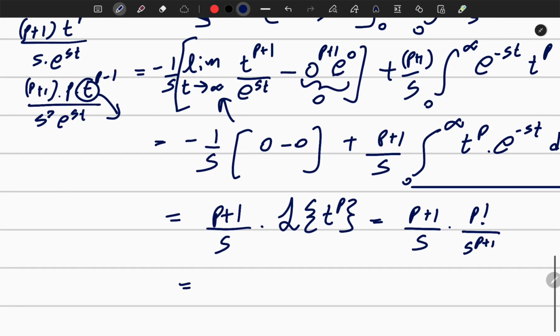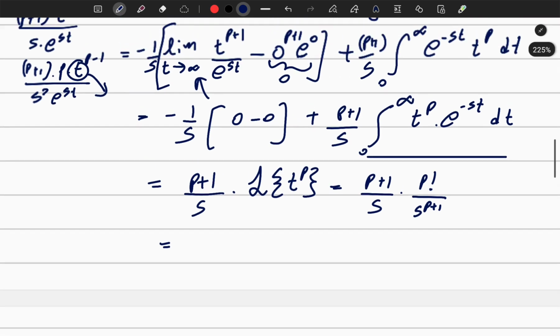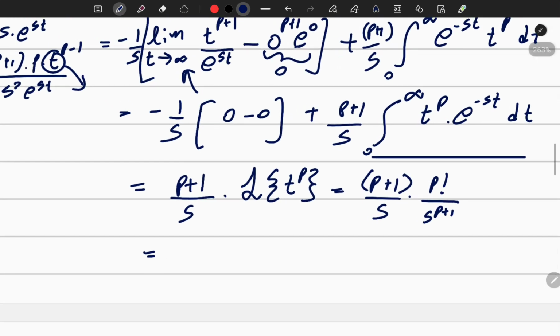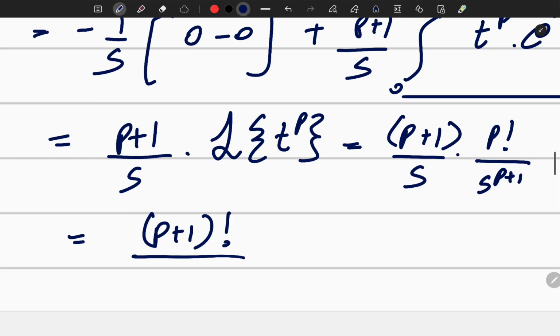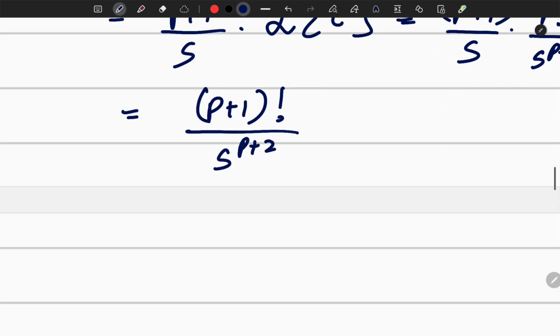When I simplify those terms, (p plus 1) times p factorial is (p plus 1) factorial. That is basically (p plus 1) factorial over s to the p plus 1 times s, which is s to the p plus 2.